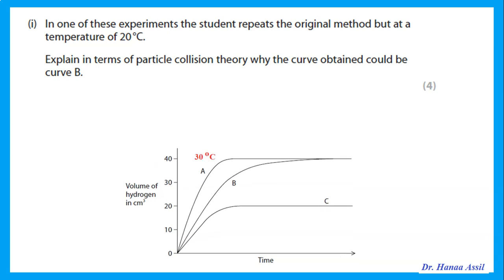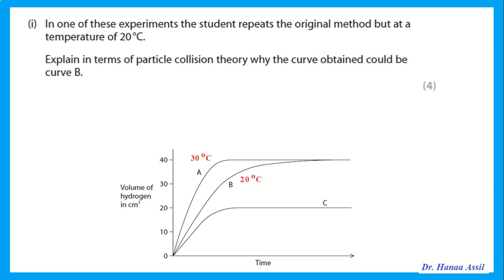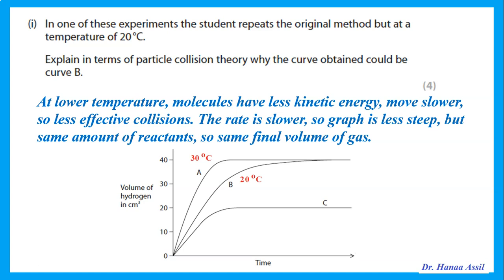Remember that the first one was at 30. Now, when we repeat it at 20, exactly the same method but at a lower temperature, that means the reaction is slower. Slower means the curve is less steep. We did not change the amounts of reactants, so we still get the same final volume of gas.